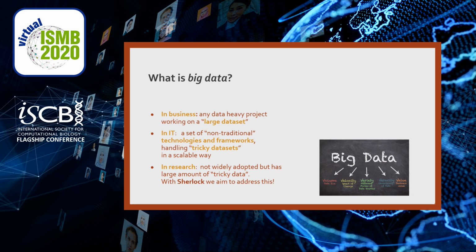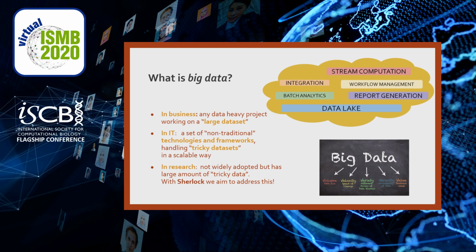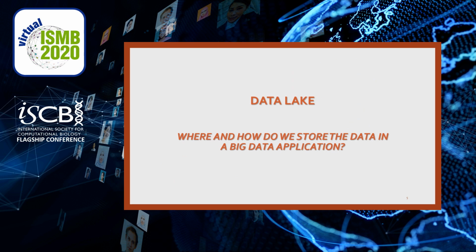In research, it is not widely adopted, but has a large amount of tricky data, and with Sherlock we aim to address this. On the top right of the slide, you can see some big data technologies which are used worldwide. We are using the data lake to the greatest extent.